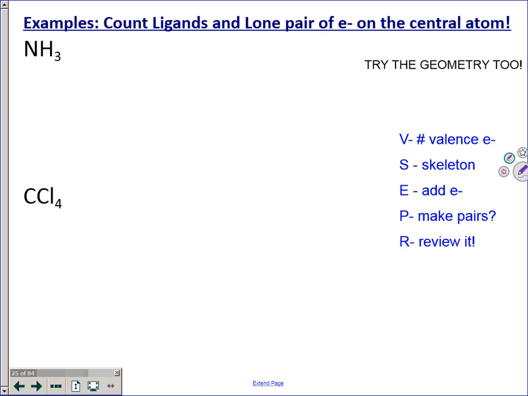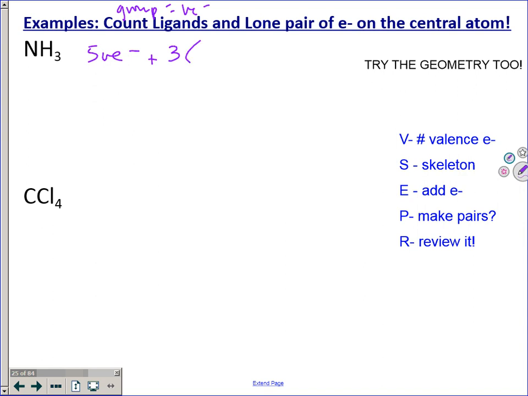Count total valence electrons, right? So nitrogen is in what group? Everybody pull up your table and look with me. Nitrogen is in what group? Loud and proud. Fifth group. Okay, so remember, group equals valence electrons, right? So nitrogen being the fifth group has 5 valence electrons. Added to 3 hydrogens.